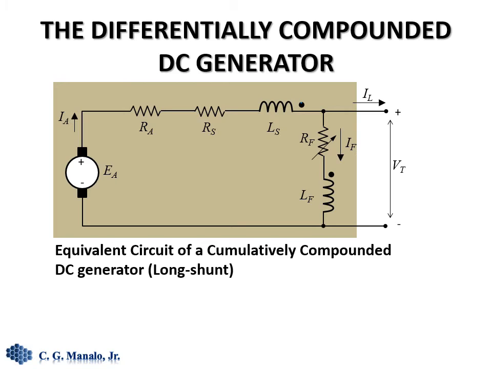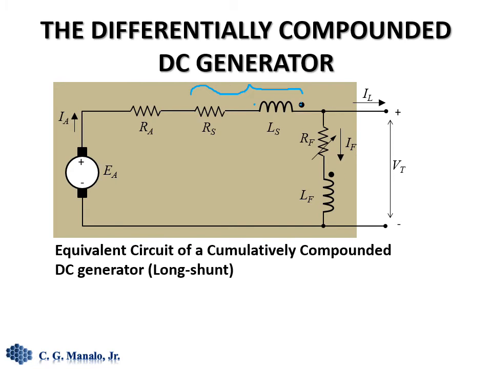Earlier we had the dot located here. The fact that it is now on the right side means that in this drawing we actually reversed this connection that we had on the previous diagram.